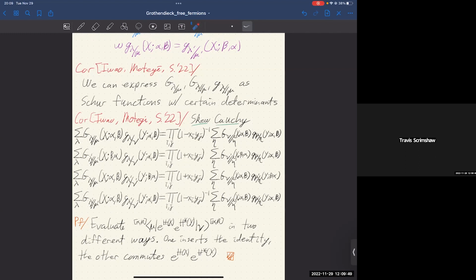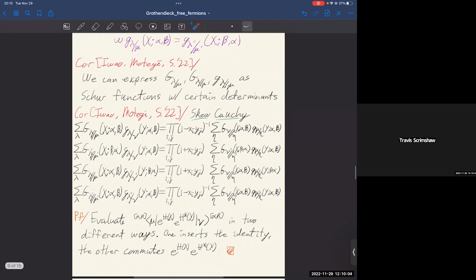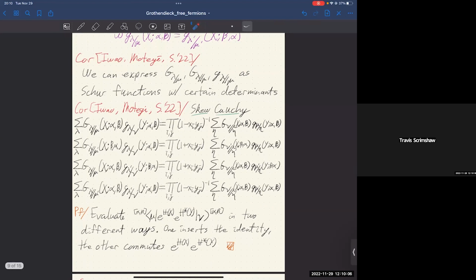Our proof gives a very slick argument using this free-fermionic formalism, but very different approaches.